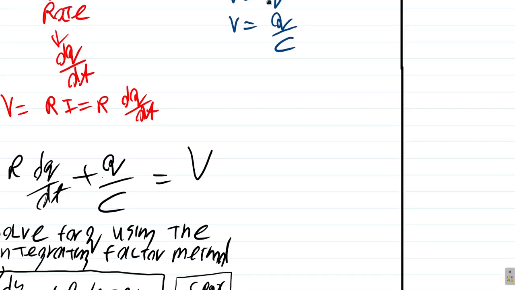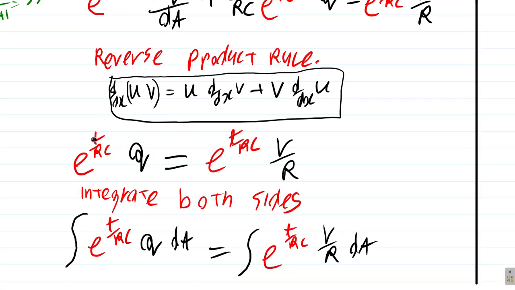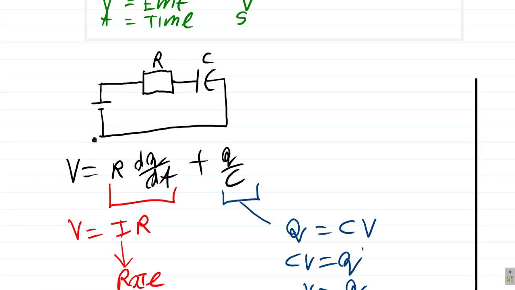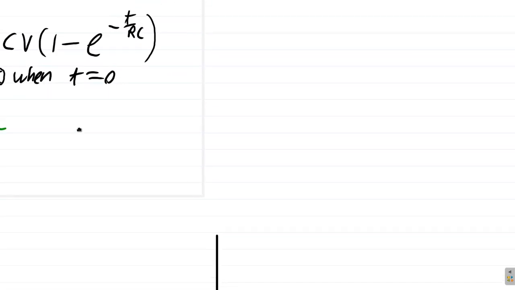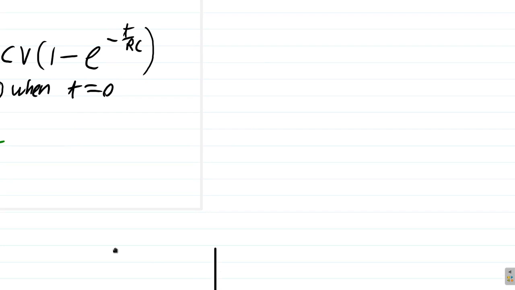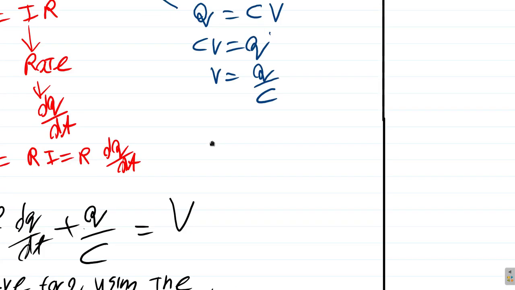Alright, so it was the integral of e to the t over rc. What we have is the integral of e to the t over rc multiplied by what again? Let's scroll back down.